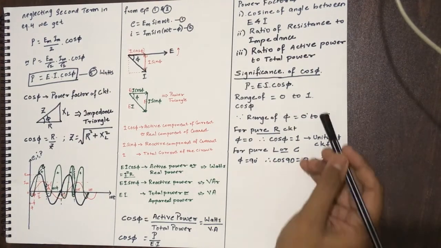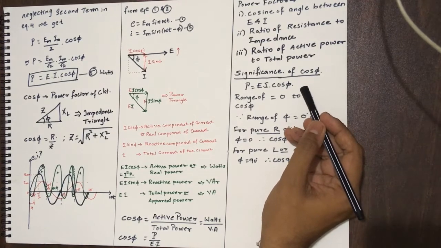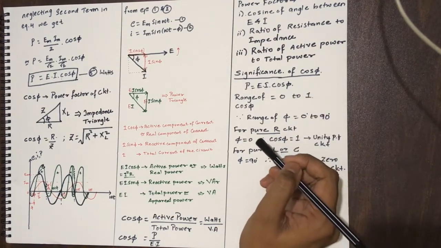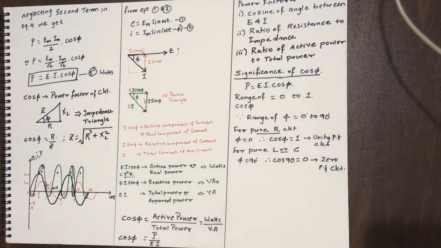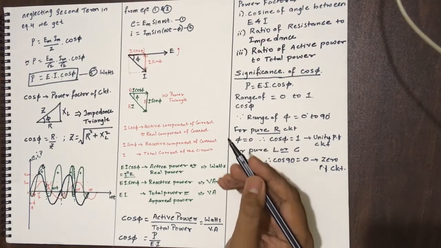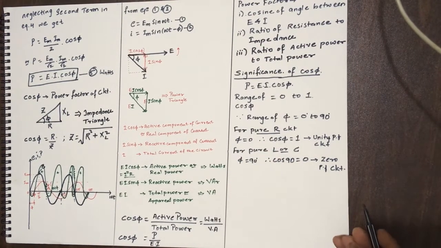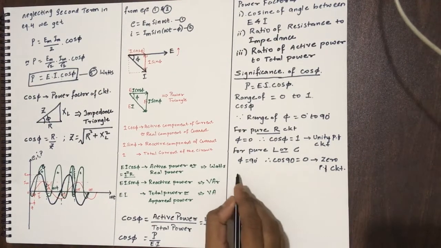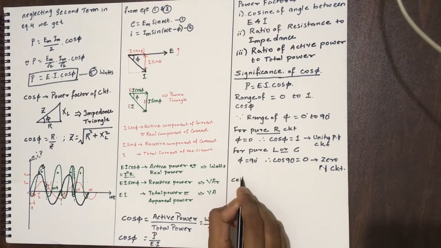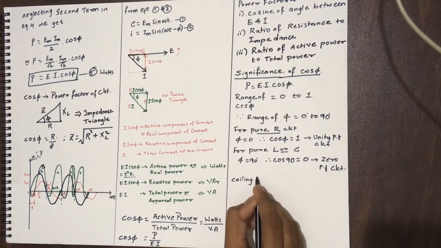So what happens if the power factor is low, and what happens if the power factor is high? With a very small example, let us consider the fans we all use, generally the ceiling fan.